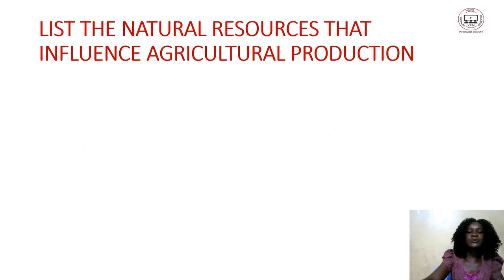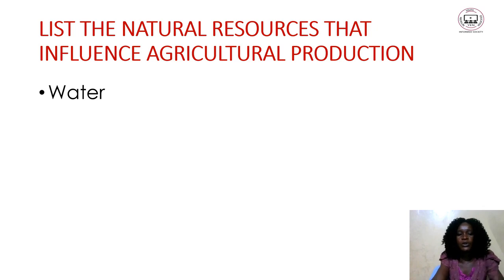Now let us look at a few examples of natural resources that will influence agricultural production. Of course, there are several, but here we're going to discuss a few of them. One of the natural resources which will influence agricultural production is water.